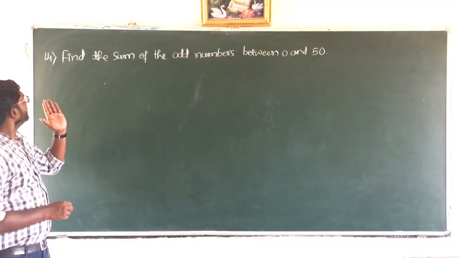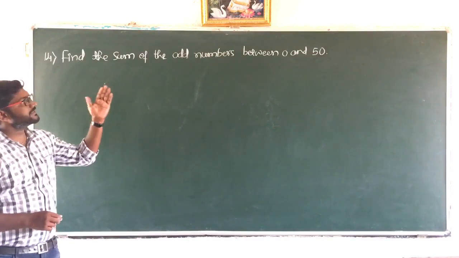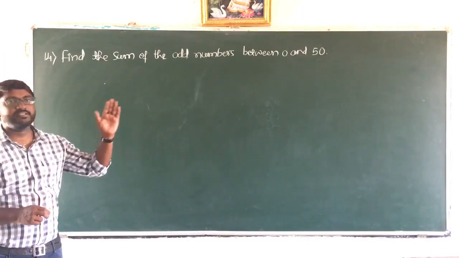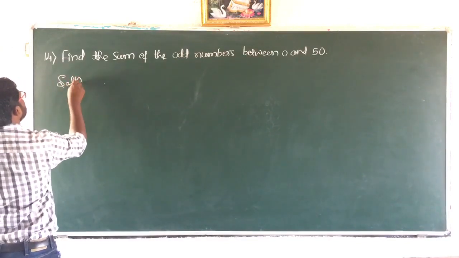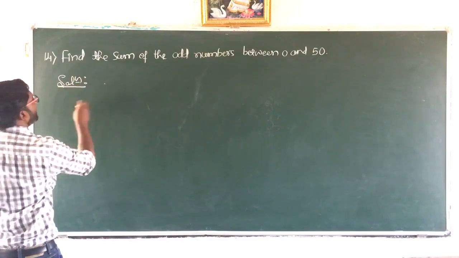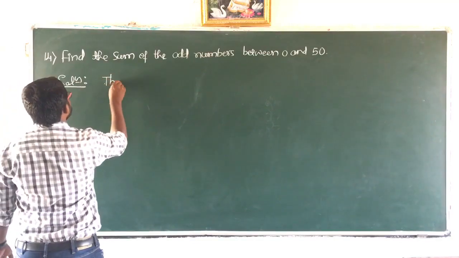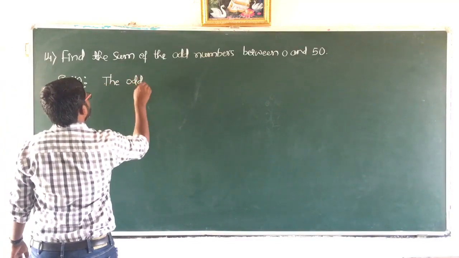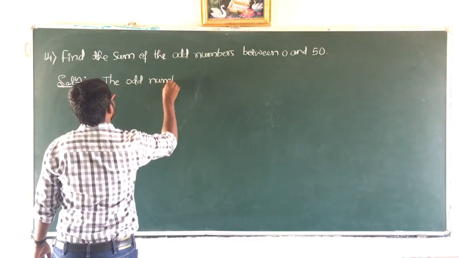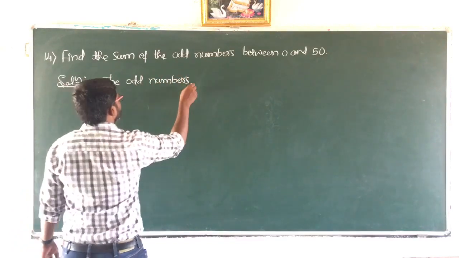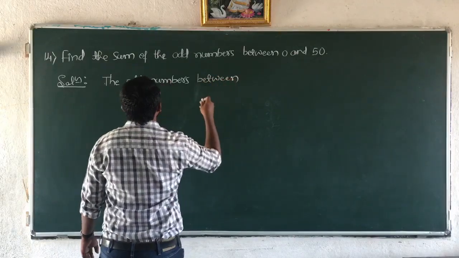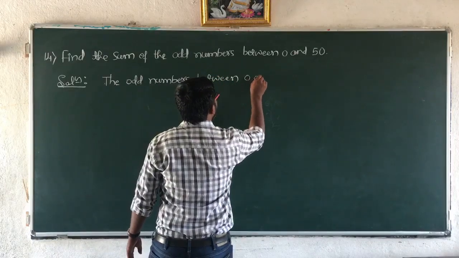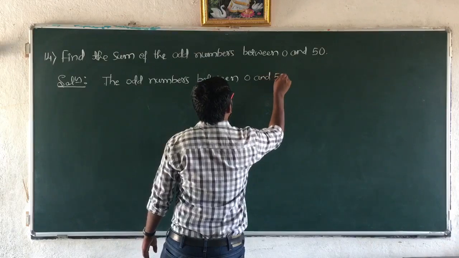Yes, the next question is the 14th one. Find the sum of the odd numbers between 0 and 50. So see, first we list the odd numbers between 0 and 50.